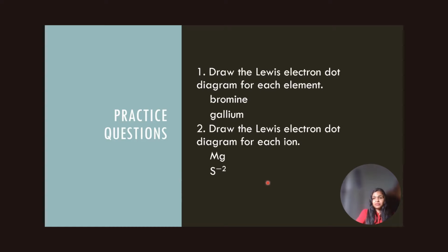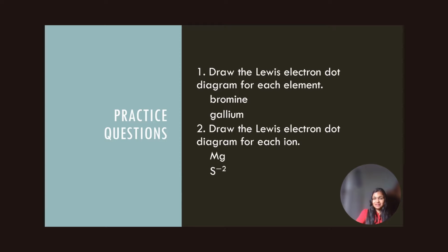This is going to need some practice for you to be able to master the concept. So if you don't get it in the first step, please do not be frustrated. You can go back and rewatch the video, and let me know in the comment section if you would like me to help you with anything else on Lewis dot diagrams.